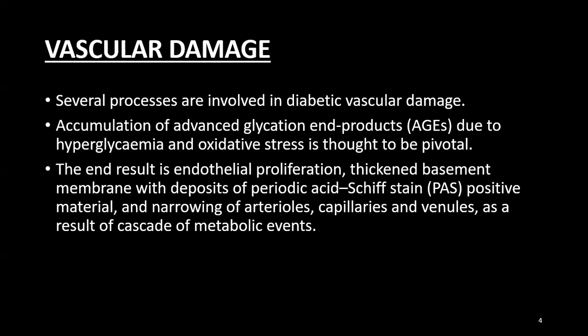The end result of these products and the oxidative stress is endothelial proliferation, thickened basement membrane of blood vessels, and deposition of PAS positive material, resulting in narrowing of arterioles, capillaries, and venules.